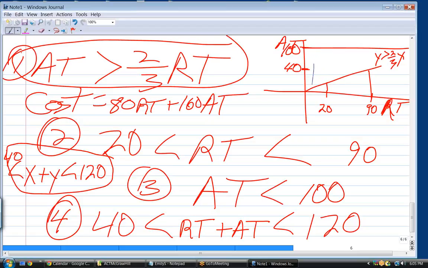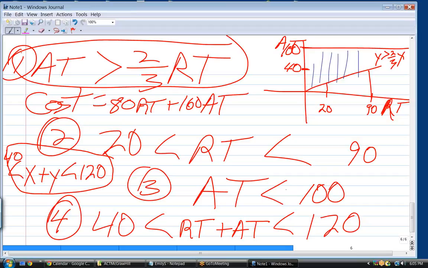So this is the area from the first equation. That's artificial trees have to be greater than 2/3 of real trees. In other words, you can't have 50 and 50. You with me? I think I just got it.